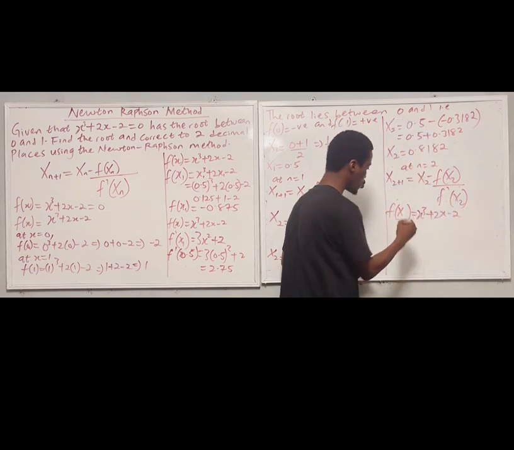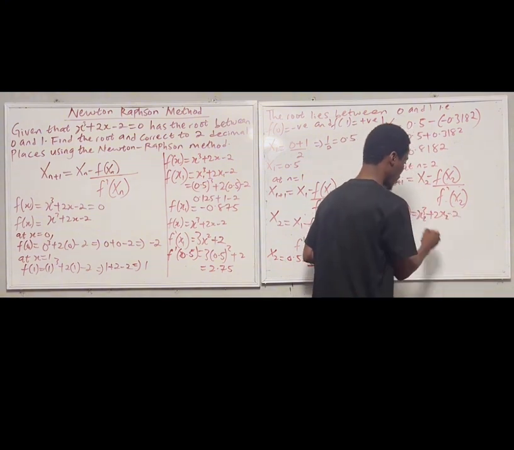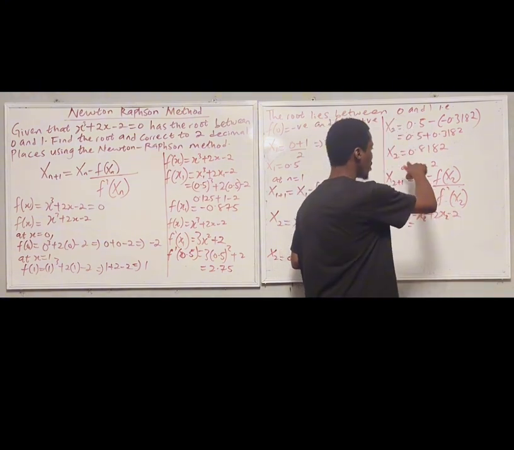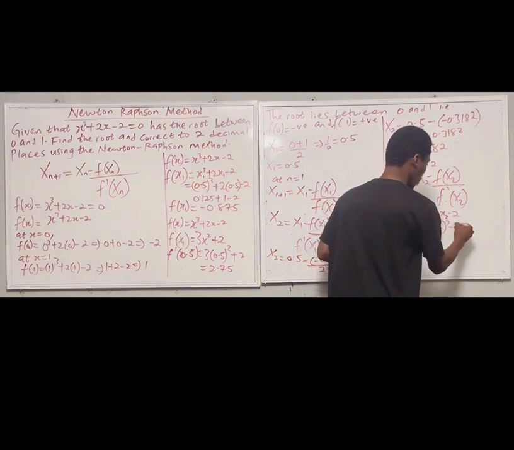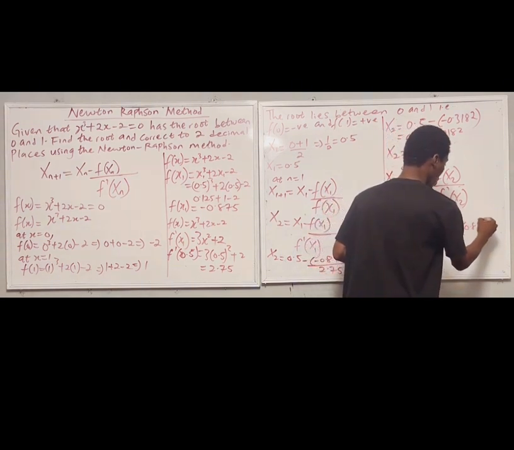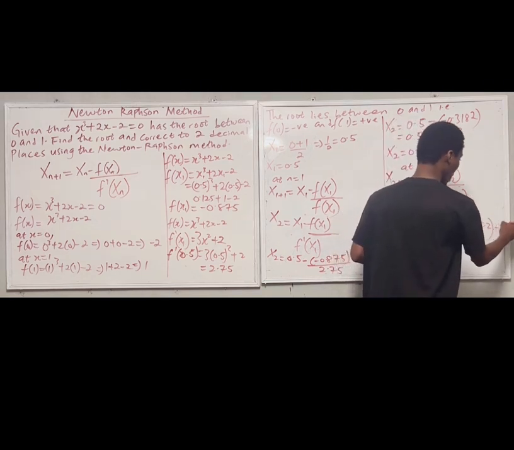Since it's f of S2, whenever I say x, I put S2. So my S2 is 0.8182 into 3 plus 2 times 0.8182, then minus 2.